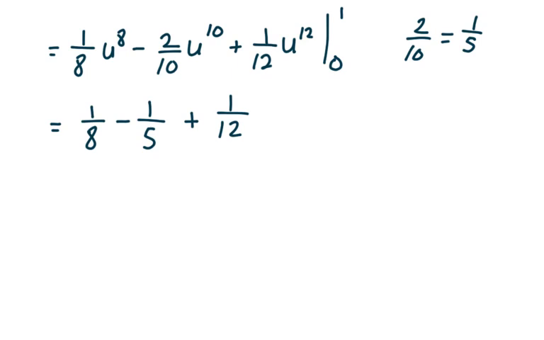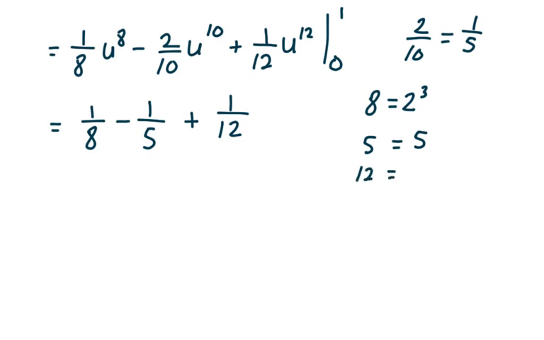So far? Okay, then the question becomes, what is the lowest common denominator between 5, 8, and 12? Now, remember 8 can be written as 2 to the 3rd. So this is old school. And then 5 is already prime, so I'm just going to write 5 equals 5.